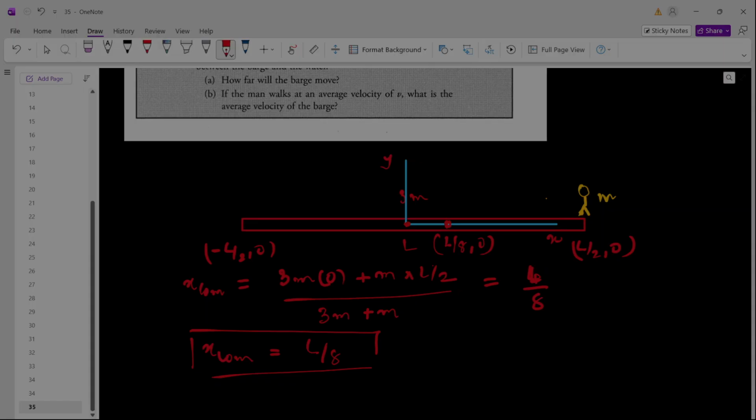Now as the man moves from right to left, the barge will move from left to right, right? So let's say as the man moves, the barge moves a distance.